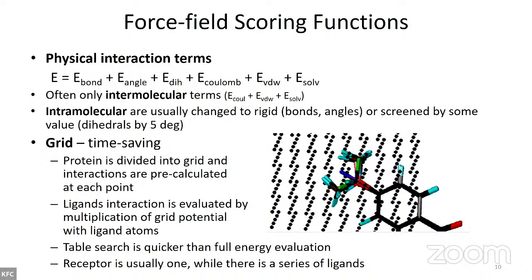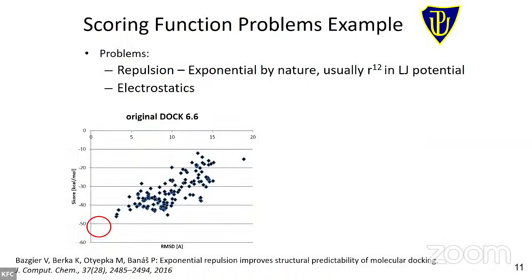Summation and finding within the grid is a much quicker algorithm than calculating the distance, squaring it, and so on. So that's the major reason to use the grid: to save time and use a table search instead of full energy evaluation.